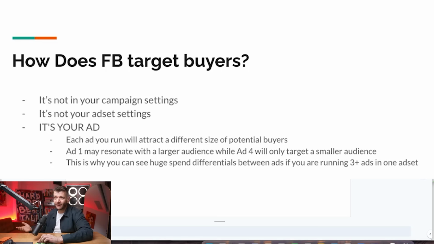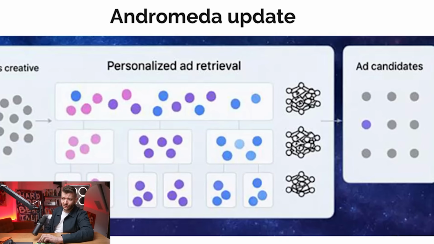So also with the Andromeda update, which happened a few months ago, now Facebook is a lot more personalized. What it means is, instead of having one huge angle for all of your ads and one concept, for example, you might use UGC or image ads or VSLs, now it's a lot more personalized.